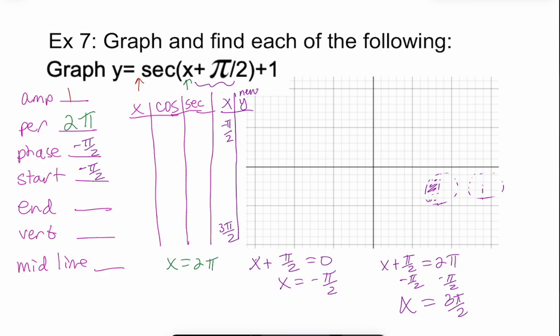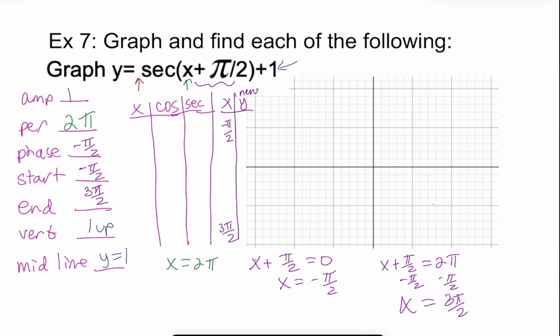So hopefully that might help you a little bit. Okay, so our ending is 3 pi over 2. The vertical shift is just, remember, it's this number right here. If it's positive, we're going up. If it's negative, we're going down. So the midline is at 1.